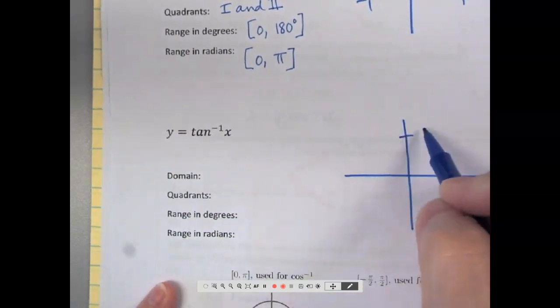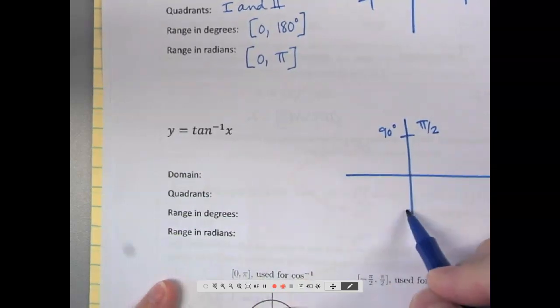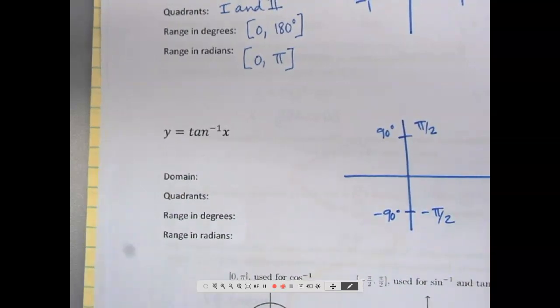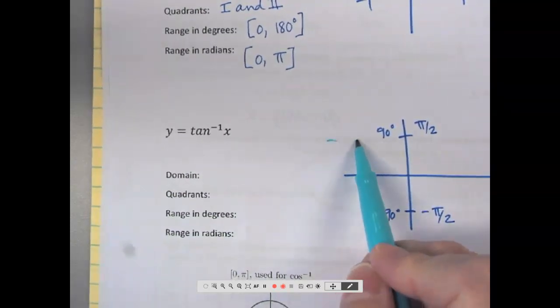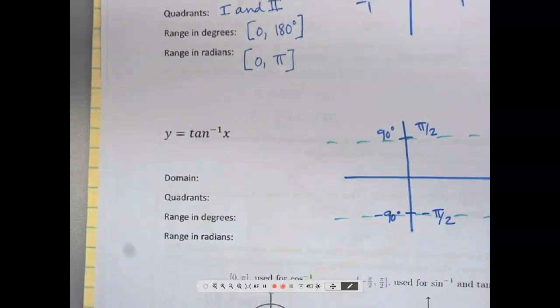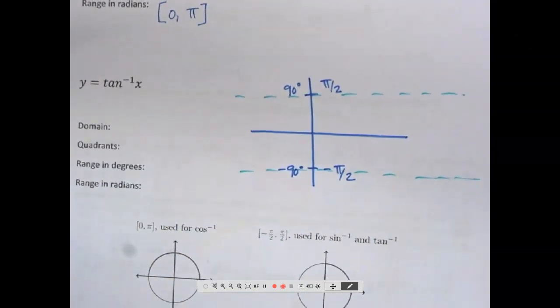Okay, so pi over 2, or 90, and negative pi over 2, negative 90. I have these lovely little horizontal asymptotes that originally were vertical asymptotes. But when I switch x and y, what was vertical becomes horizontal and vice versa.